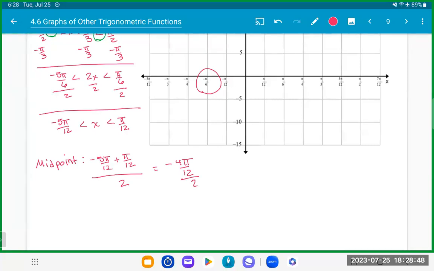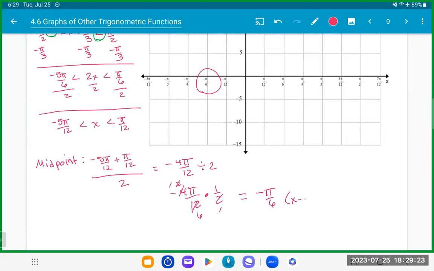And this is going to give us a negative pi over 6. Okay. I could also write it a little differently. If we did it divided by 2, that's negative 4 pi over 12 times 1/2. This cancels further and becomes a 6. So it equals negative pi over 6. And that is exactly what we said, right?